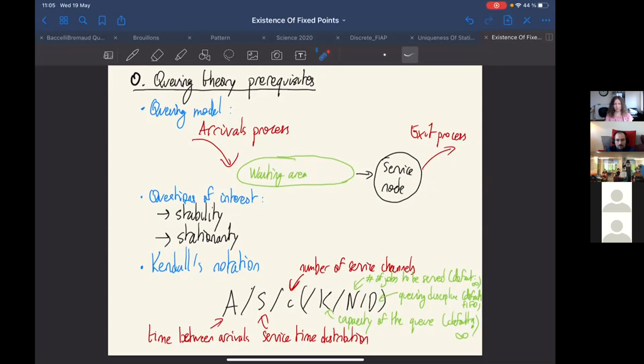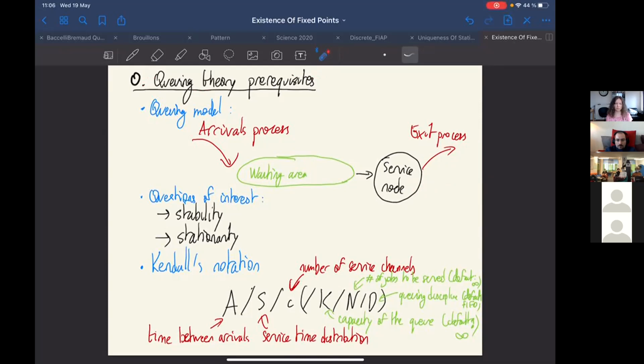base object. And the questions of interest associated with this basic object are the questions of stability. Stability is concerned with whether the service node actually processes the arrivals, or whether there is an unstable behavior that results, for instance, in an infinite waiting area, so that there's instability of the node.